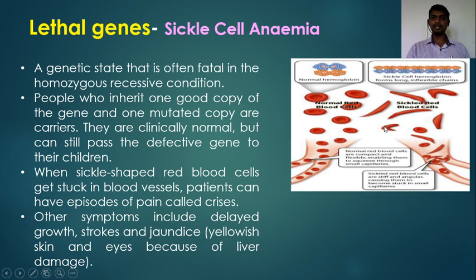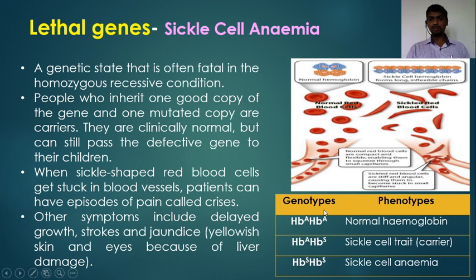These sickle shaped blood cells form in individuals that possess the homozygous recessive condition. Other symptoms include delayed growth, strokes and jaundice. Jaundice means yellowish skin and eyes because of liver damage. These are the symptoms of sickle cell anemia occurring in homozygous individuals.